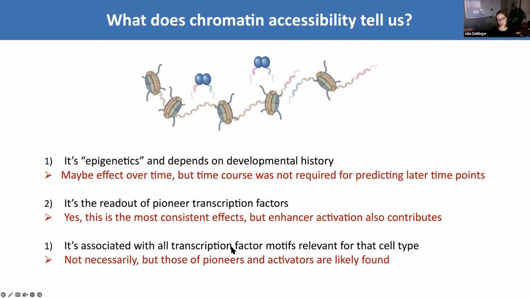So that means you're not necessarily learning all motifs. Not all motifs that are found in this region are contributing to the accessibility. So repressors, for example, do not contribute to accessibility, not positively at least. But strong activators likely also will contribute to accessibility.